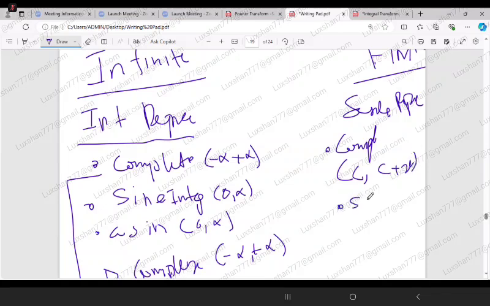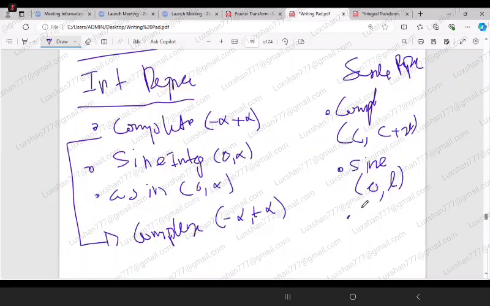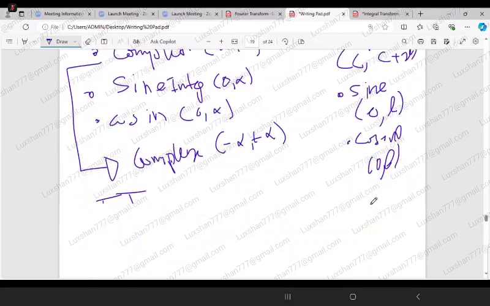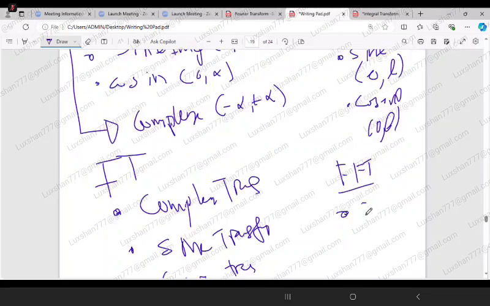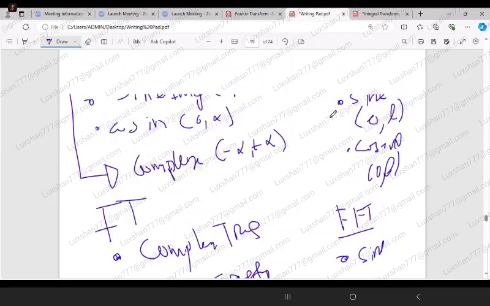Then we have the sine series when the range is 0 comma l. Then we have cosine, 0 comma l. When you talk about the finite Fourier transform, we have only two. One is the sine, the other one is the cosine. So this is the total of what we have studied.